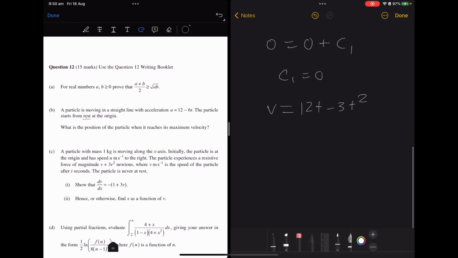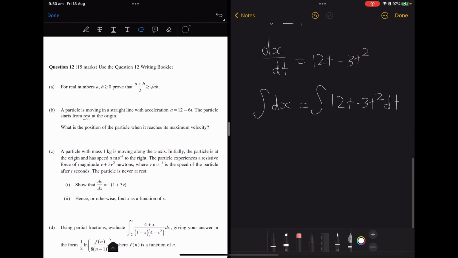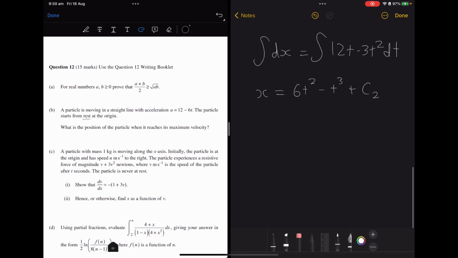Next, v can be written as change in position over time, or dx over dt. And we use pretty much the exact same process as before. So integrate dx and integrate 12t minus 3t squared dt. x equals 6t squared minus t cubed plus, let's use c2 for the second constant.